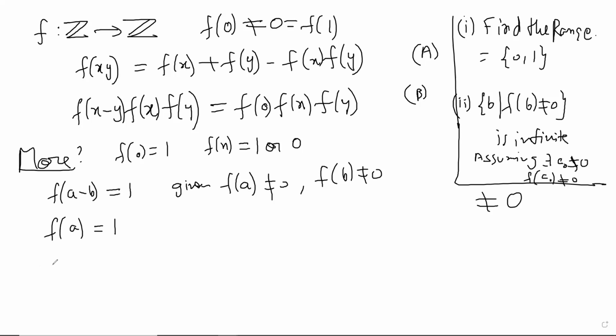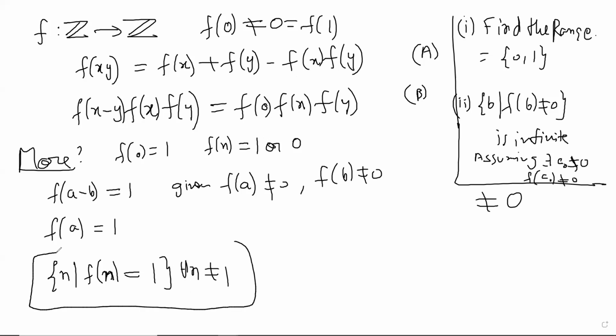No, for all n not equal to 1. Right, so I can just say this, right? F of n is equal to 1 for all n not equal to 1. Yeah, this will certainly satisfy, but this is a trivial solution. I mean, this is one possible.